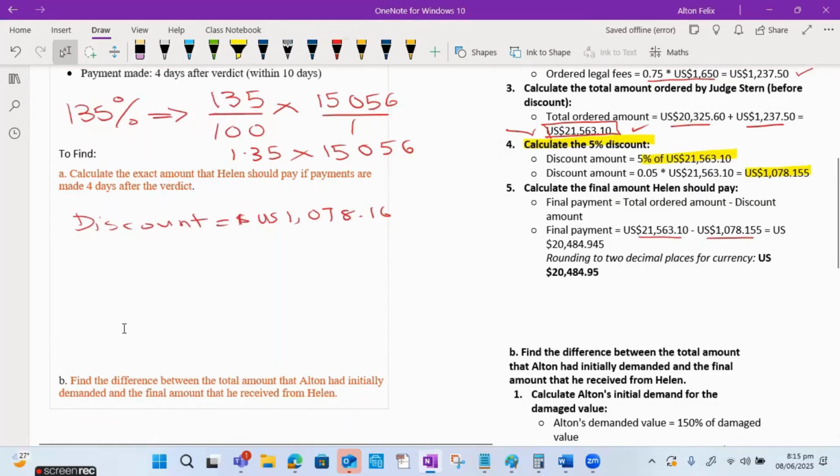Now, another method for working out that final answer of 20,484.95, which Jerry did not mention, we could probably look at it. Perhaps you would have done that. So if we recognize that the discount is 5%, then Helen will be entitled to pay 95% of the total amount.